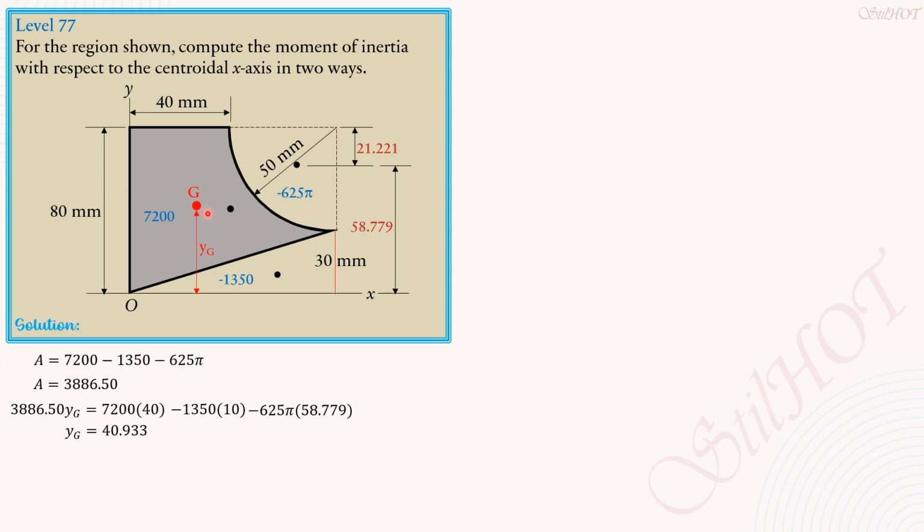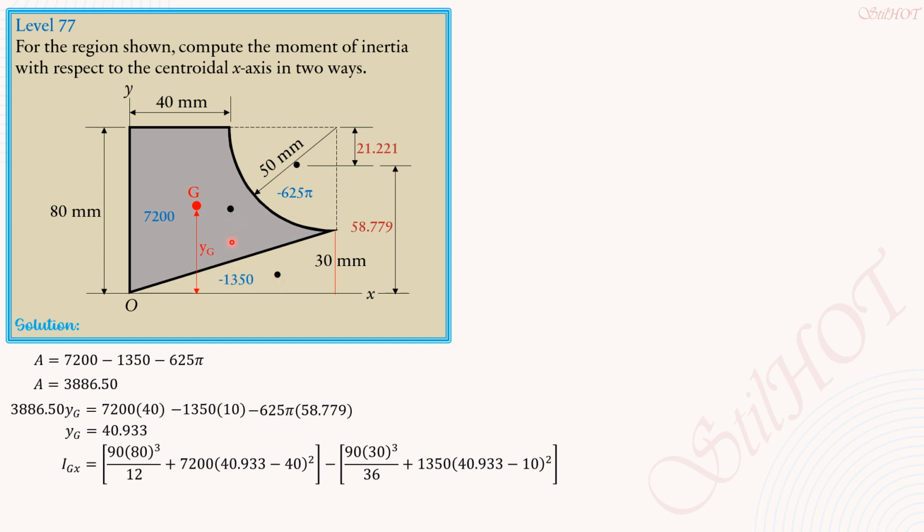So IGX is equal to base 90, height 80 cube over 12 for the rectangle, 90 times 80 cube over 12 plus area 7,200, quantity 40.933 minus 40 square. For the triangle, with respect to this axis here, 90 times 30 cube over 36 plus area 1350, distance YG minus 10 because this is 10, quantity square.